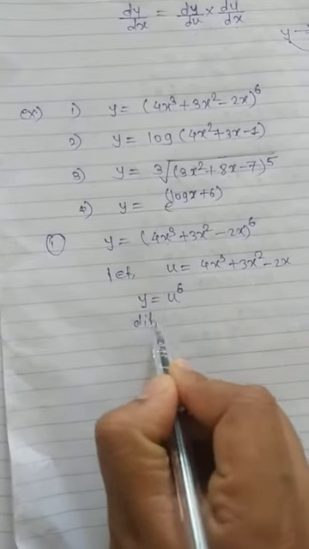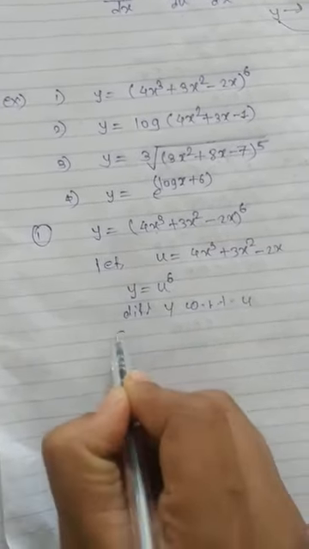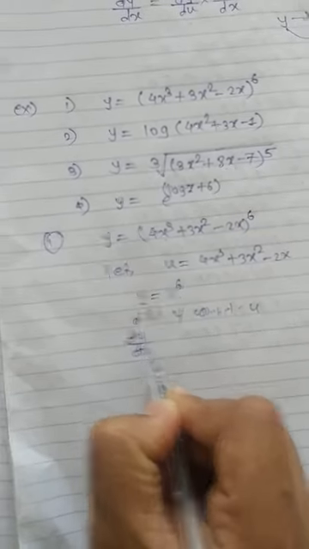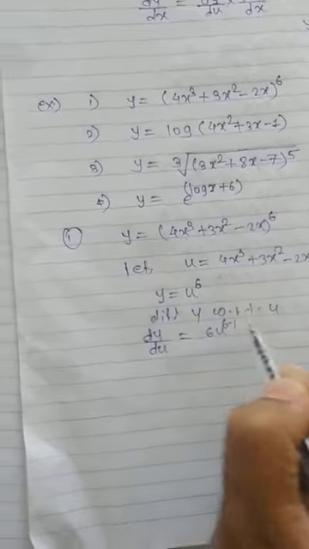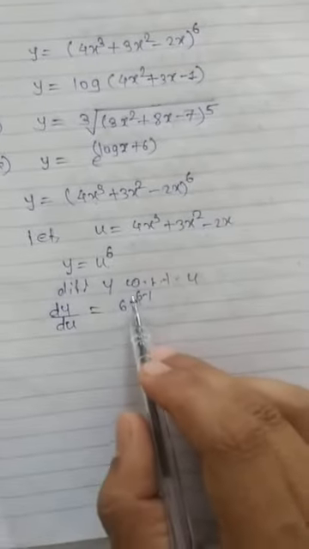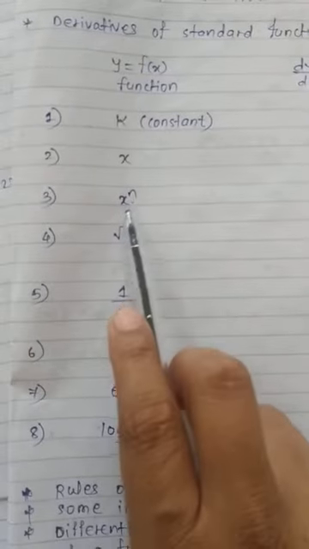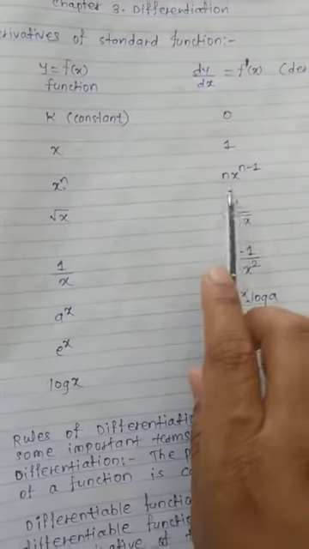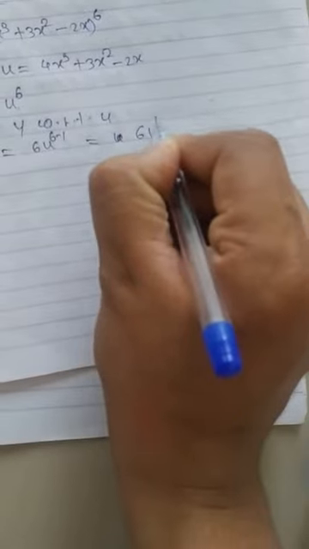So if I differentiate this y with respect to u, then dy by du is equal to 6u raised to 6 minus 1, by using the formula for x raised to n. Here I am using this formula: derivative of x raised to n is n x raised to n minus 1. So it is equal to 6u raised to 5. Call it equation 1.